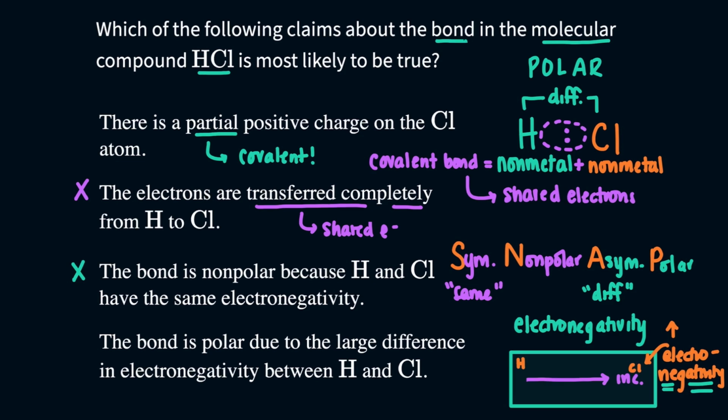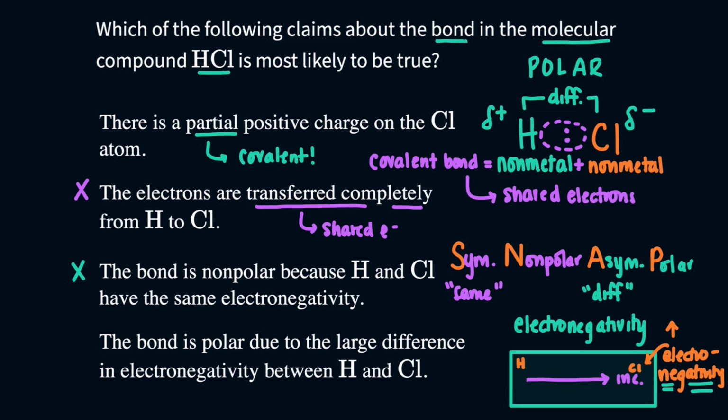So always the higher electronegative element would be more negative. In this case, the chlorine would be more negative. It would have that partial negative charge. The partial charge we use is this cute little symbol. It's called a delta symbol, and you would say delta negative, we call it partial negative, which means that the hydrogen would have to be partial positive.